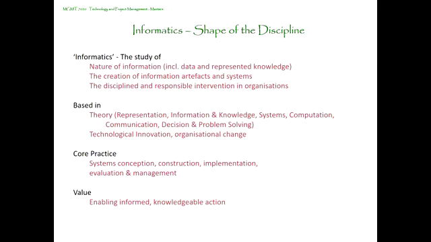Well, we bother with this because it enables informed and knowledgeable action. Good information systems allow people to take actions which are more informed, that is, more data and information, and more knowledgeable, that is, the computer has supported them in their decision making. And you can see the links here between our work with data and our work with process modelling.